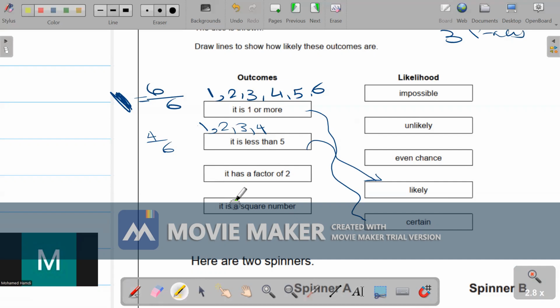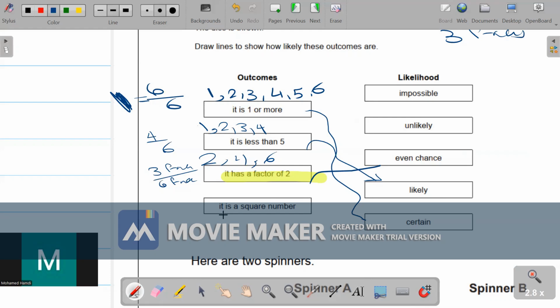A number that has a factor 2, it means an even number. We have 3 even numbers on the dice: 2, 4, 6. So 3 faces out of 6 faces. This means that we have half of the outcomes. So this event is even chance.